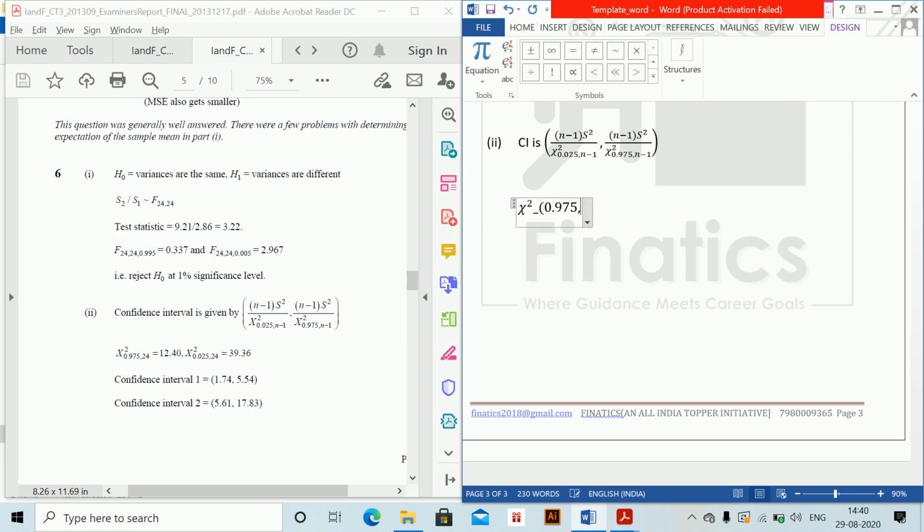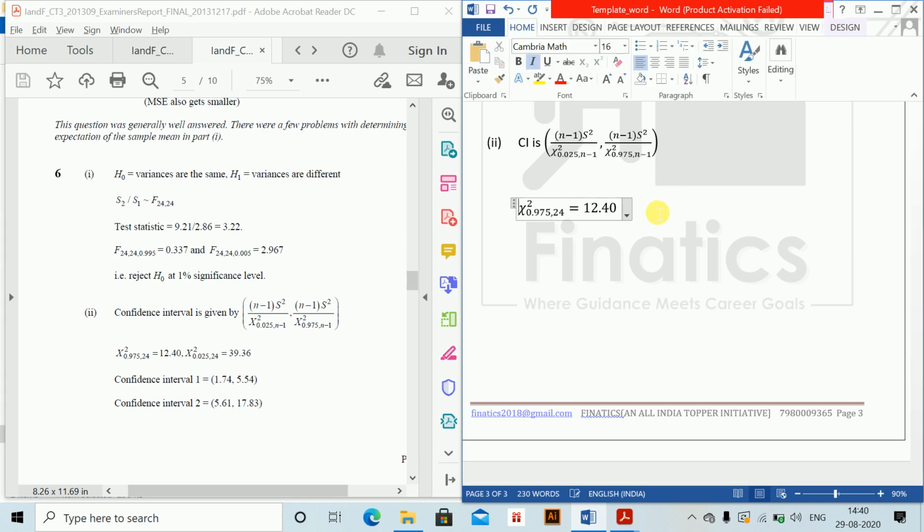Next, chi square 0.975, 24 is equal to 12.40, and the next part is 0.025, 24 is 39.36.